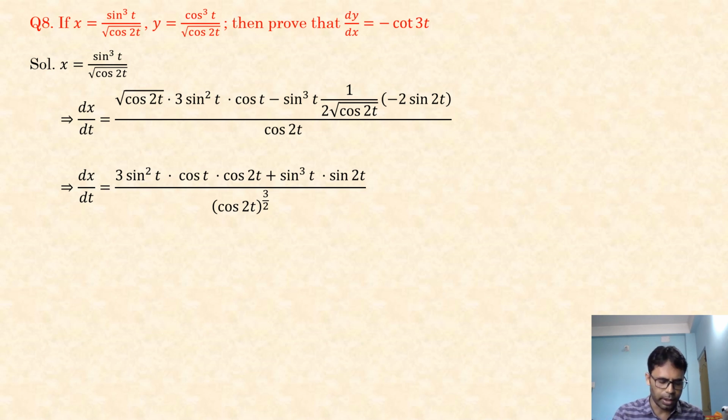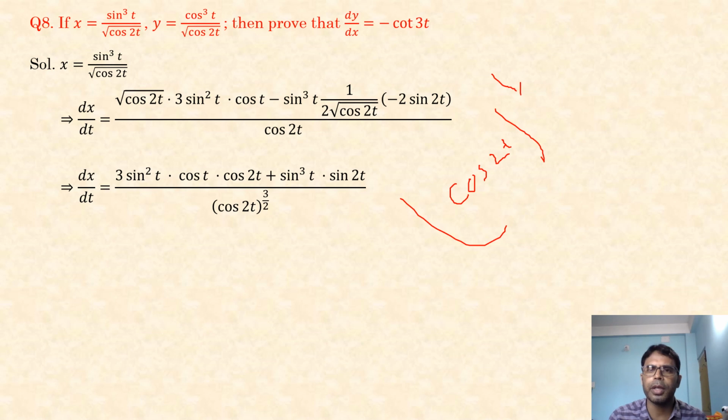That cos 2t to the power half comes in the denominator, into cos t which is already there, so the power is half plus 1, so it is 3/2. So the denominator becomes 3/2.